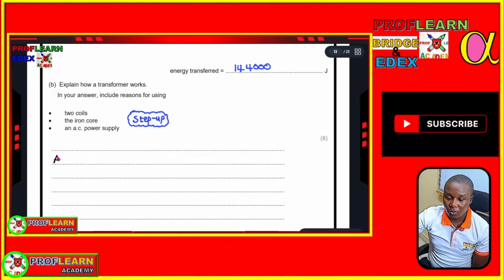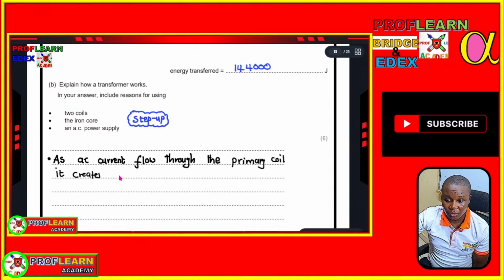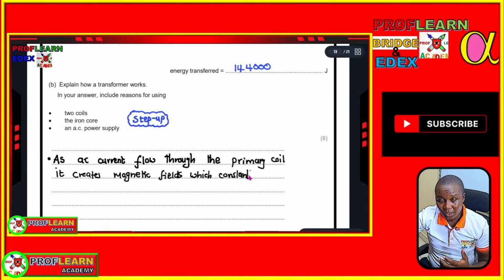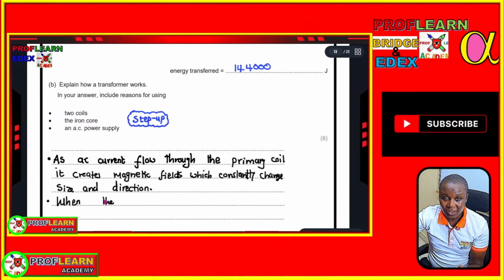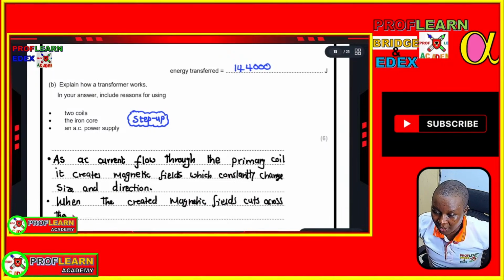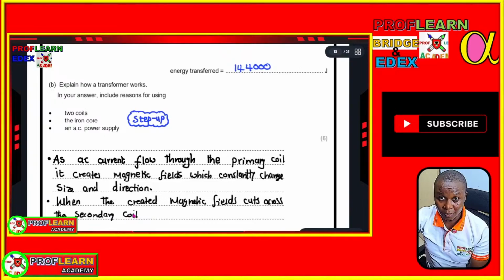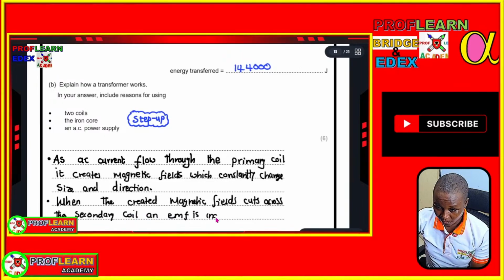So when alternating current flows in the primary coil, magnetic fields which are constantly changing size and direction are created in the primary coil. When these magnetic fields cut across the secondary coil, they create an induced EMF through electromagnetic induction, right?